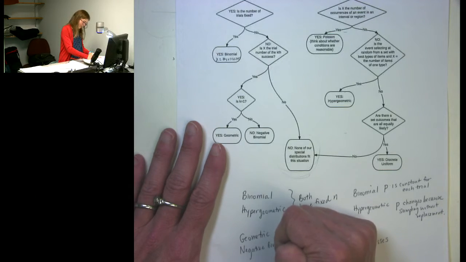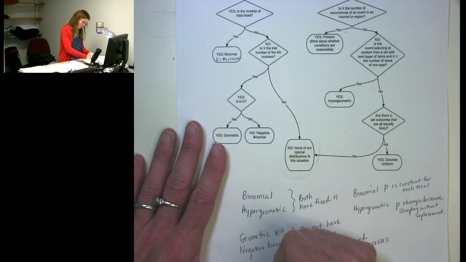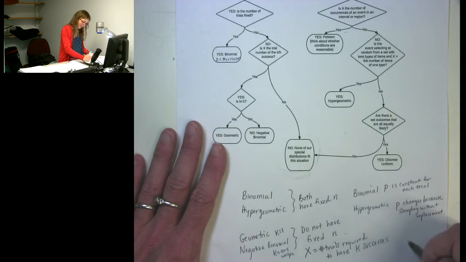The geometric is a special case when k is equal to 1. The negative binomial is more general. K could be equal to any integer. And both of these require that p is constant for each trial.